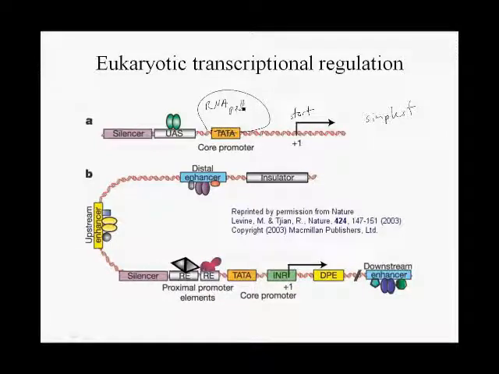Actually, some basal transcription factors first bind, and then they bring RNA polymerase to the site. And then you can have a couple of upstream activating sequences, where activators will bind. And then silencer sequences, which is where repressor type proteins or negative regulators will bind. And so that's a simple situation.